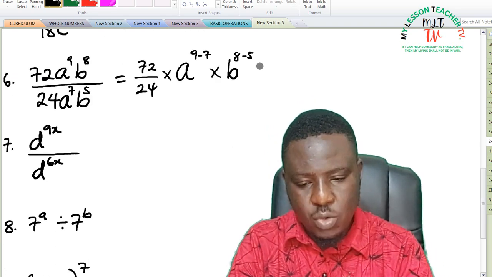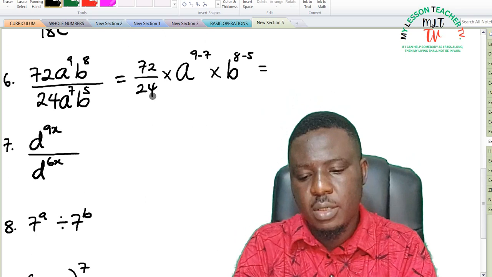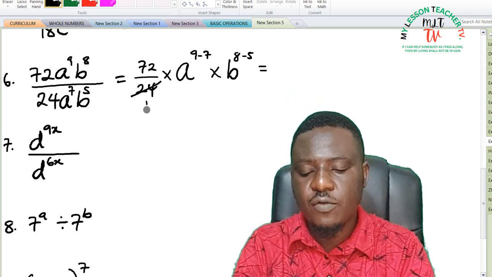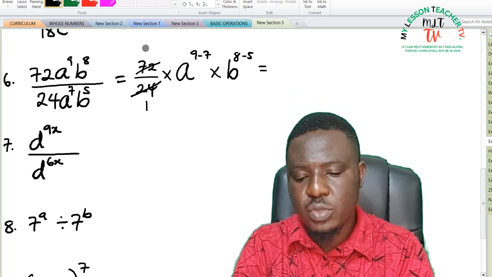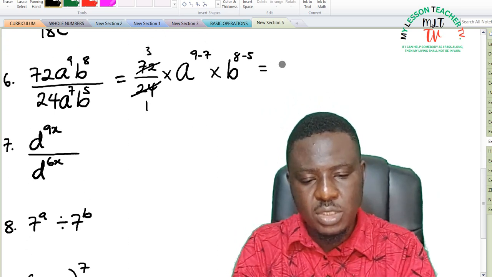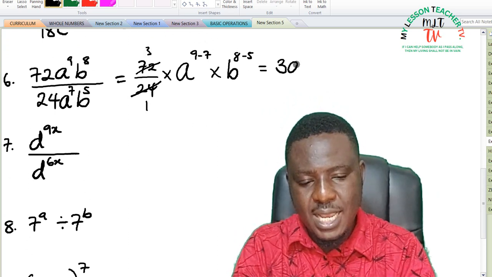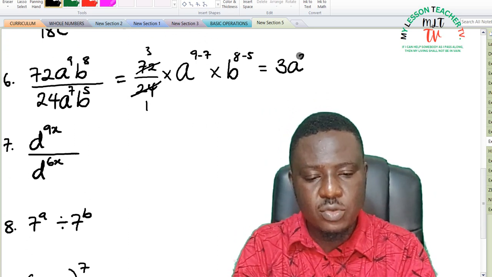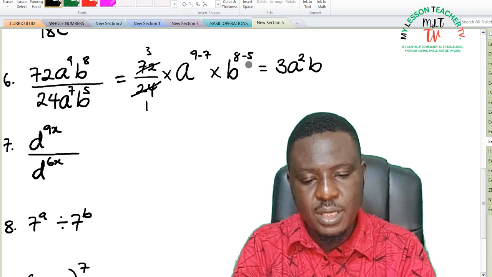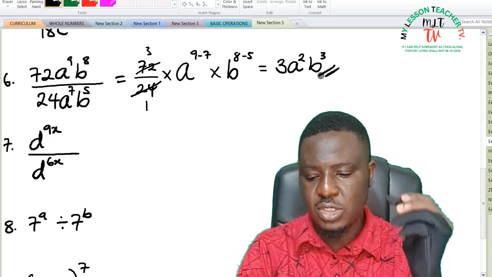So that this is equal to 24 into itself is 1. 24 into 72 is 3 times. So this is said to be 3a raised to the power of, you simplify, 9 minus 7 is 2, b, 8 minus 5 is 3. So this is your answer.